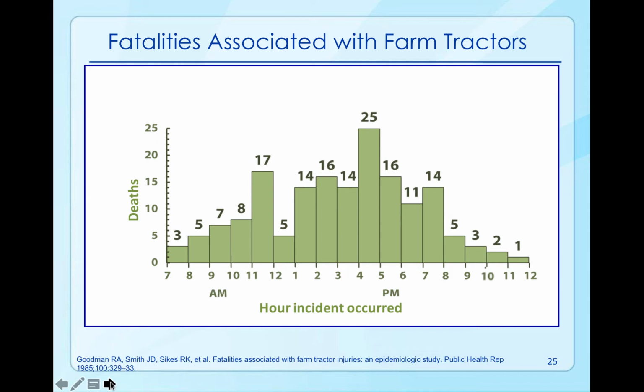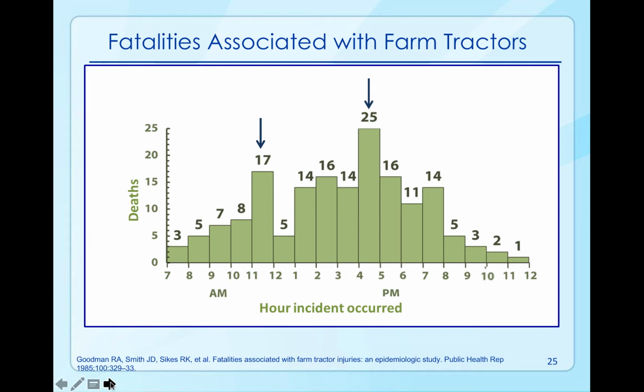So this graph describes the when for those 166 farm tractor associated deaths. We can examine that data by looking at the time of day when the deaths occurred. So when you look at this, you're looking at the number of deaths, and then we're looking at the time of day. And so what kind of inferences can you make by looking at this?